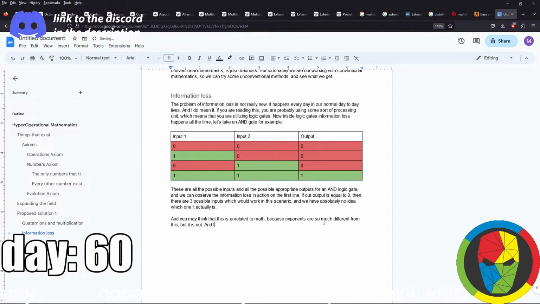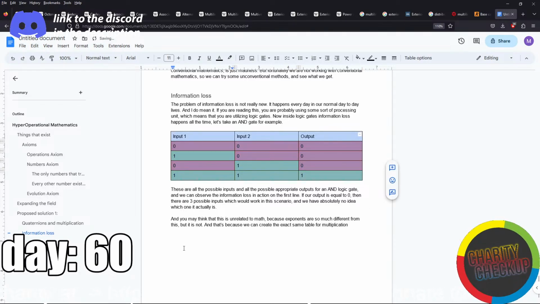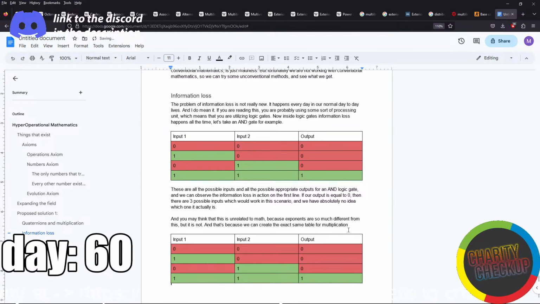And that's because we can create the exact same table for multiplication. There we go.